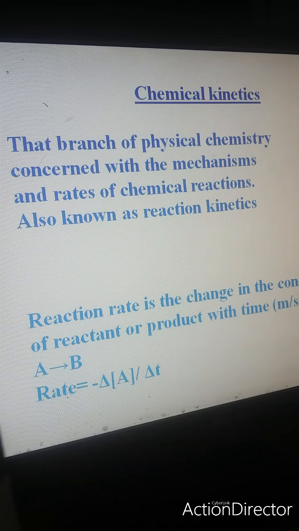The concentration of A will decrease because it will be consumed, and the concentration of B will increase because it will be produced. When we are finding the rate with respect to the reactants, we show it by a negative sign. Negative sign means there is a decrease in the concentration of A with respect to time.